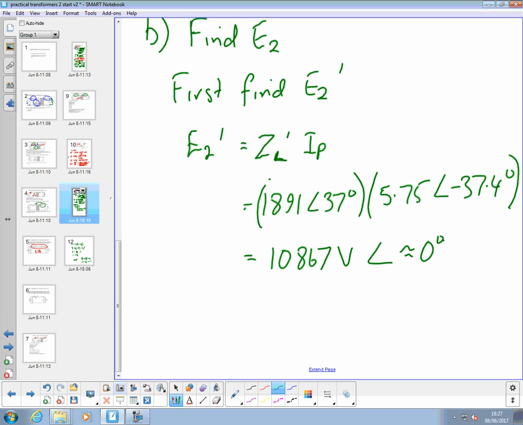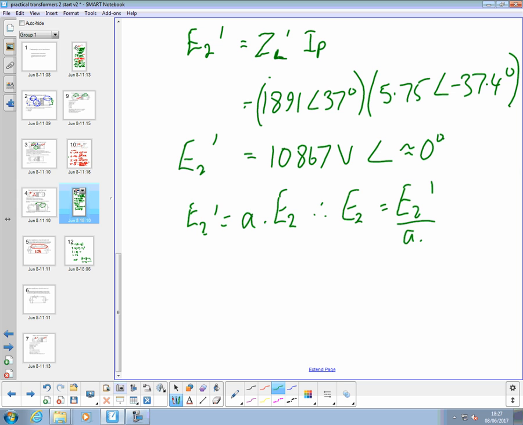So that is E2 dash. E2 dash is equal to A times E2. Therefore, E2 is equal to E2 dash over A. So we're now transferring that voltage back to its rightful place on the secondary side.